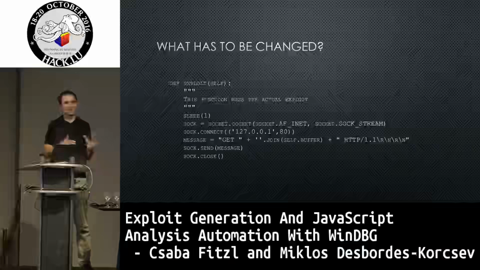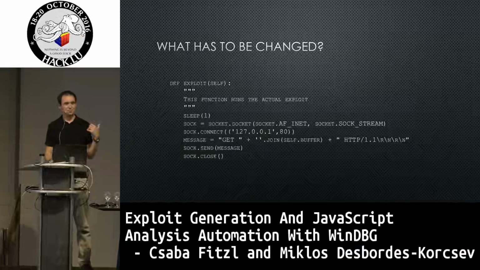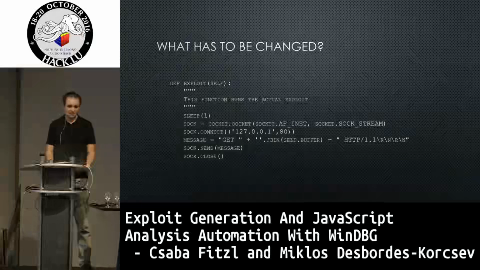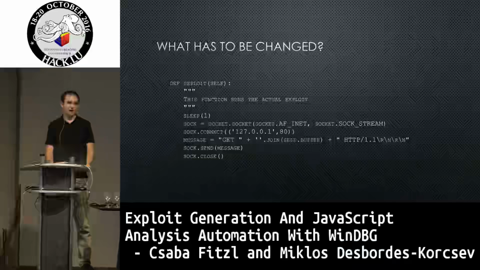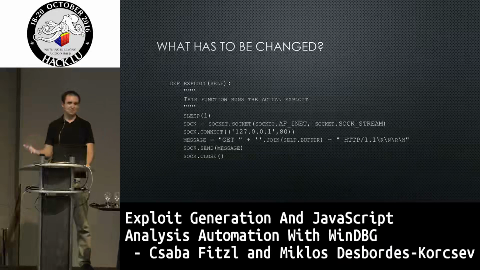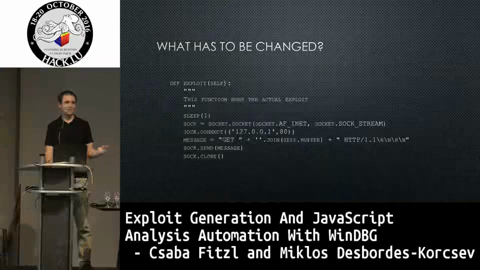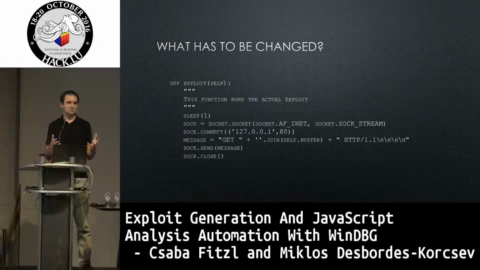It would be just writing out everything you put here. You write it out to a file, and you write out also the buffer to a file, and that's it. And in case of file-based exploits, you already have the file on the disk, so you don't need to save it additionally.